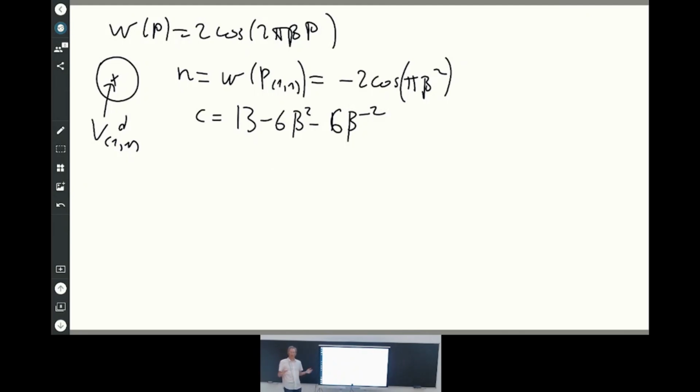And so we have related all the parameters of our loop model to parameters of the CFT. Okay, are there questions about that?